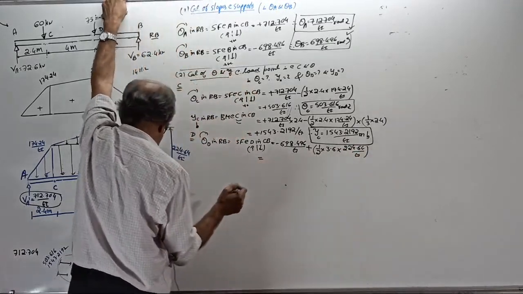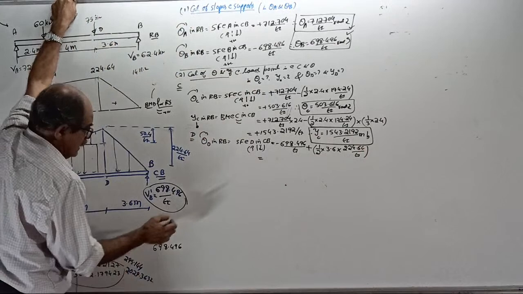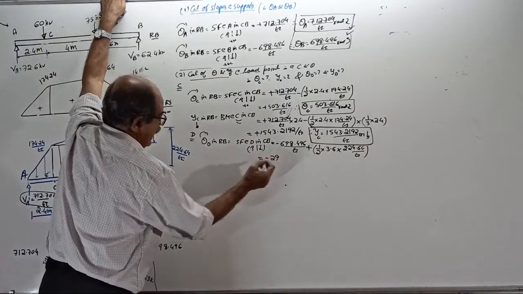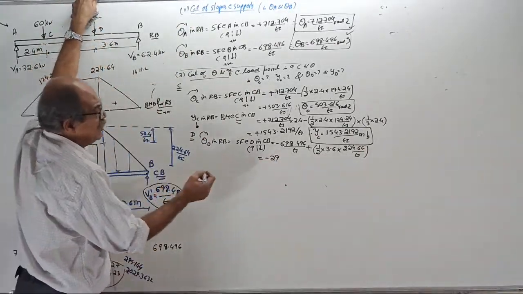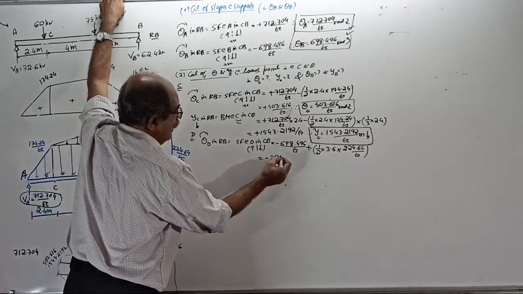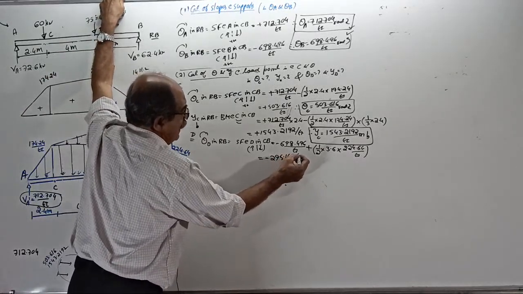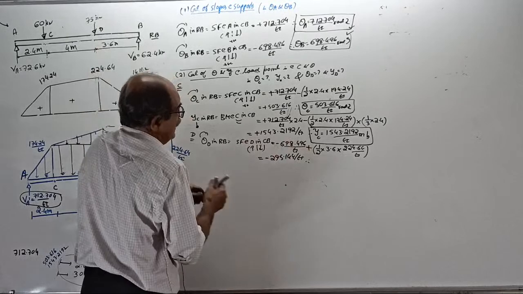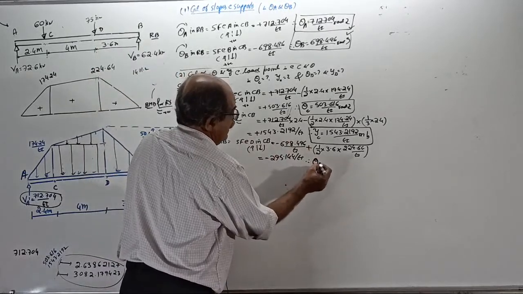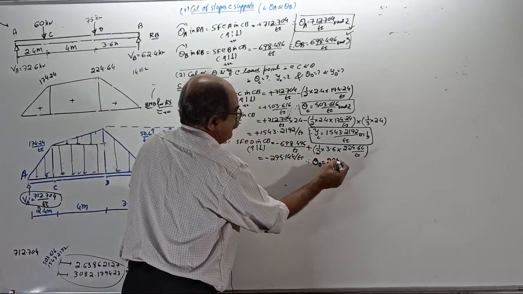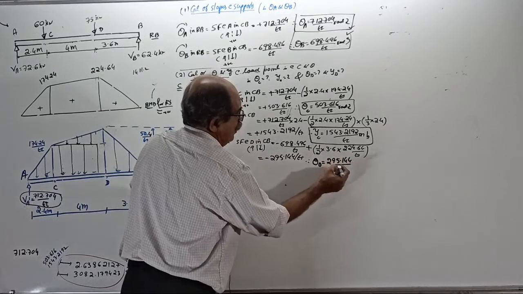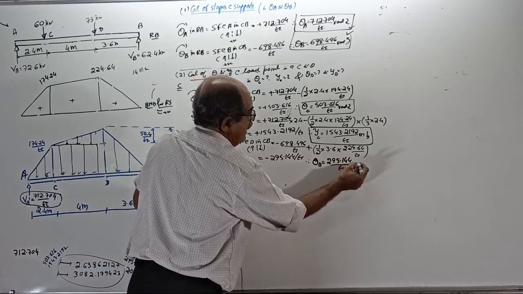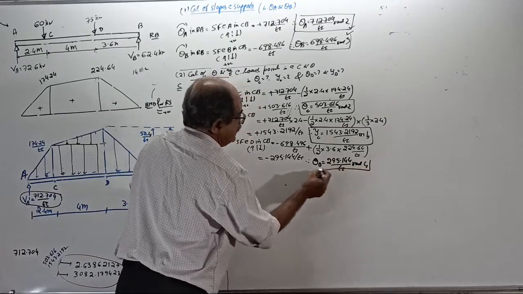If you calculate, it will come minus 295.144 by EI. I am not writing a minus because I know it will come anti-clockwise. Therefore, slope at D equals 295.144 by EI radian in the anti-clockwise direction.